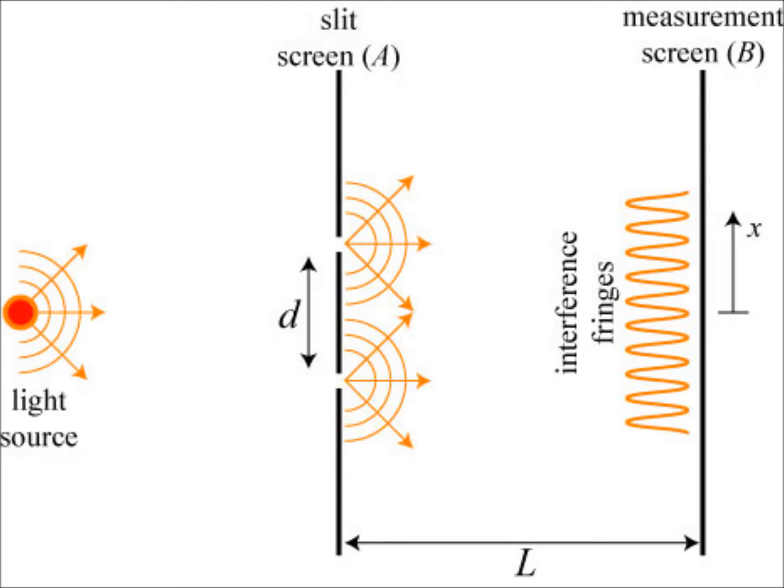In Thomas Young's experiment, he had a light source that was incident on a screen which was opaque except for two very small slits. On a distant screen, he observed alternating bands of bright lines and dark lines.